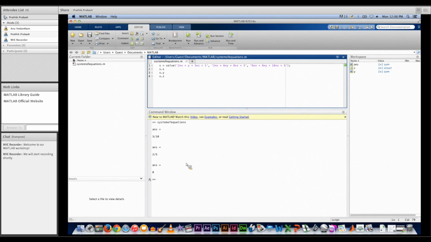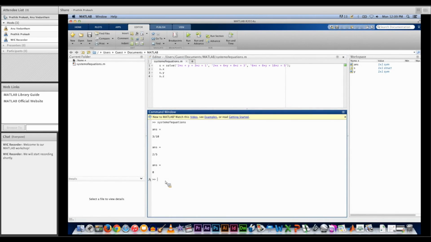So that's about equations. Question, Pratik? Sure. On the right side in the workspace, you have S and Y. Is that somehow the same S? Like, will it get replaced when you run? Yes. The values that you type in the command window, every time you write another equation with the same variable, that is being replaced.